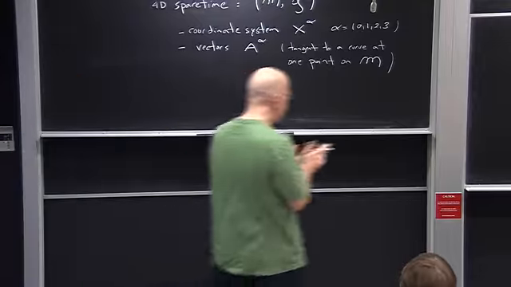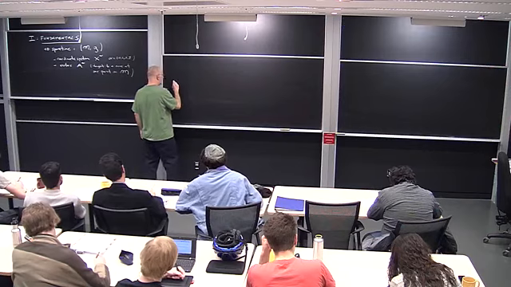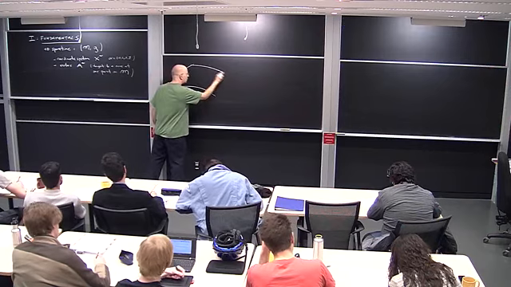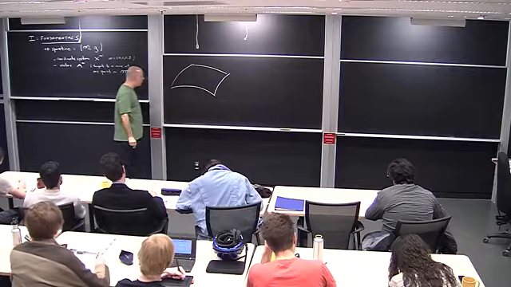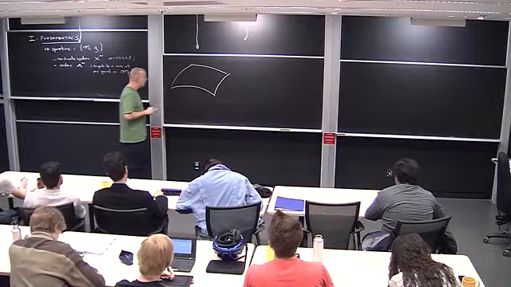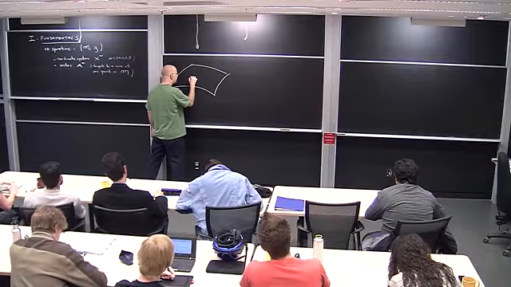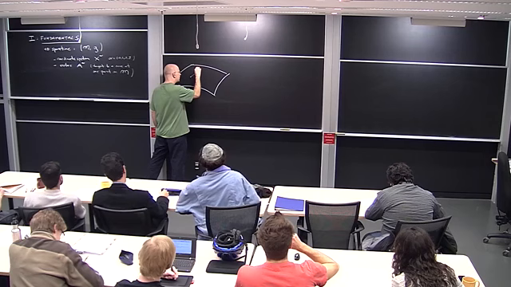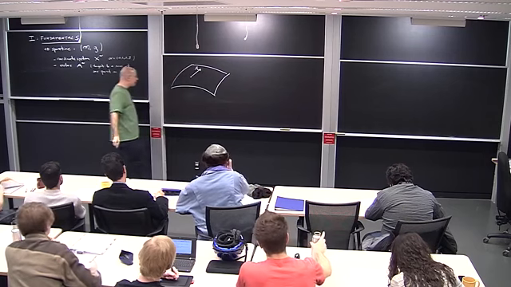A picture of that would be: here's a piece of the manifold, which is supposed to suggest a curved surface. We have a vector given at one point. I'm going to draw it as an arrow, but of course I'm not supposed to do that.